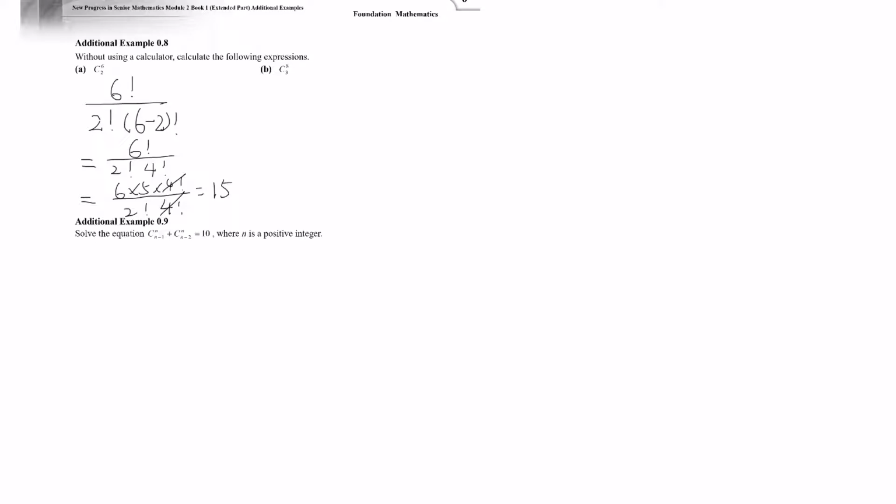Let's look at one more example, 8C3. That is 8 factorial over 3 factorial times (8 minus 3) factorial, so 8 factorial over 3 factorial times 5 factorial.